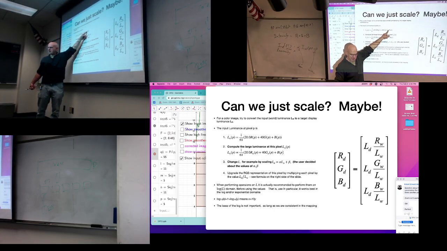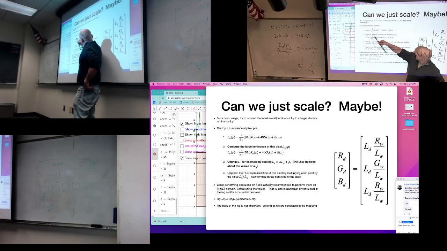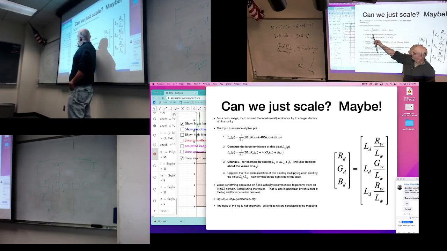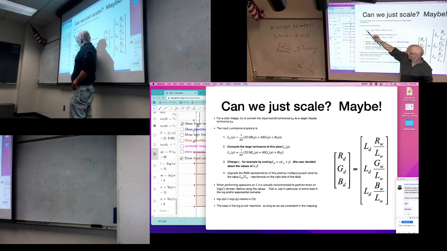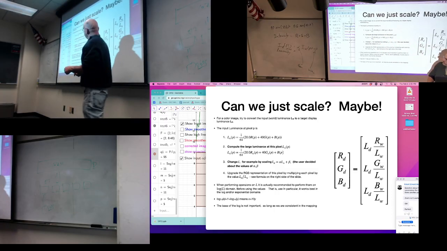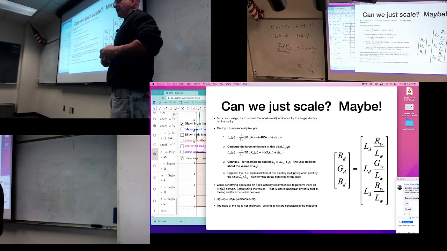Because blue has much less energy in it, blue matters much less than red. Sum them all up, divide by 61. Why? Because it works. Don't worry about why this is a correct formula. Physics, eyes, and perception, how we understand the different colors. This will be the luminosity, the intensity of this pixel when you get it from the input.